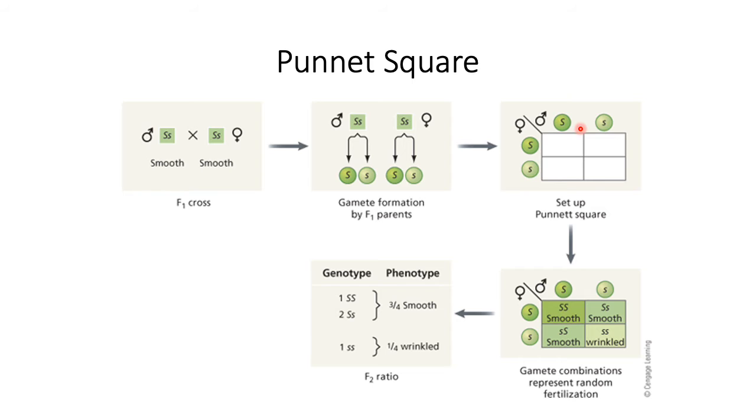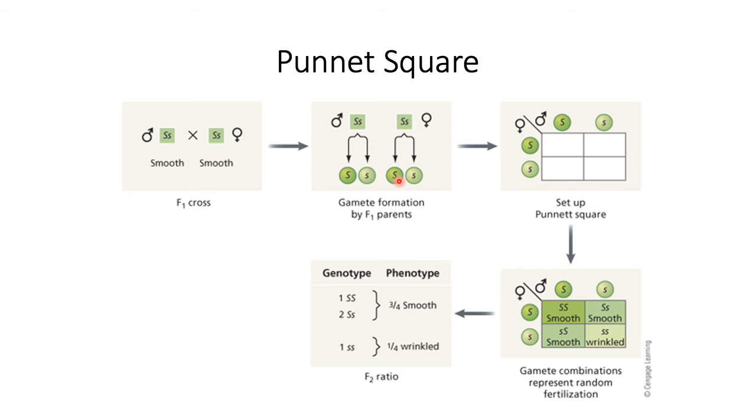And so let's say we wanted to figure out what the phenotypes and genotypes of the parents with heterozygous genes are. So let's say we have one parent which is heterozygous for smooth, meaning they have one dominant and one recessive trait, and the other parent that is heterozygous for smooth again, which means they have one dominant and one recessive. Let's say we cross them.